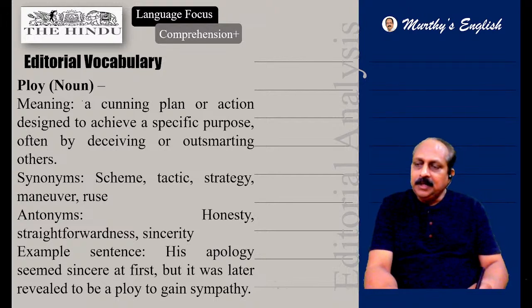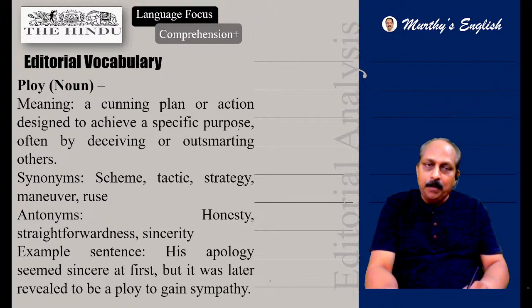Ploy, we got last week, I suppose. Noun, a cunning plan or action designed to achieve a specific purpose, often by deceiving or outsmarting others. Either you deceive or outsmart others to achieve something. A cunning plan need not be all the time a plan to outsmart others. Synonyms: scheme, tactic. Tactic, simple word.